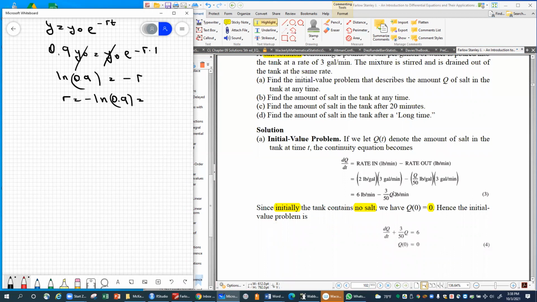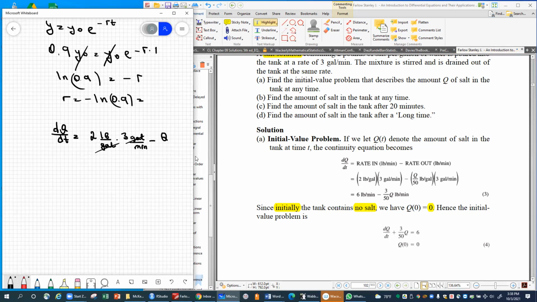Okay, so write dQ/dt. The rate in is 2 pounds per gallon of salt at the rate of 3 gallons per minute. See, the gallons will cancel out and you have pounds per minute, which makes sense. So what is the rate out? Well, what is the concentration coming out? We don't know.